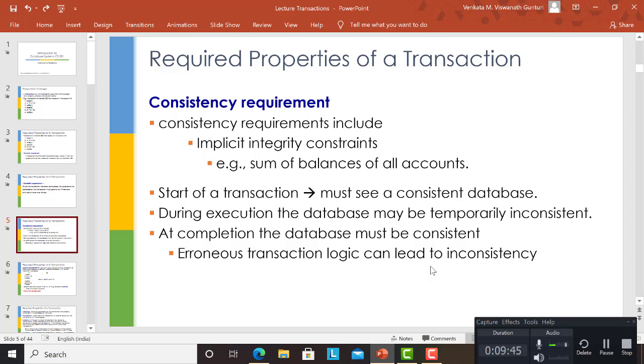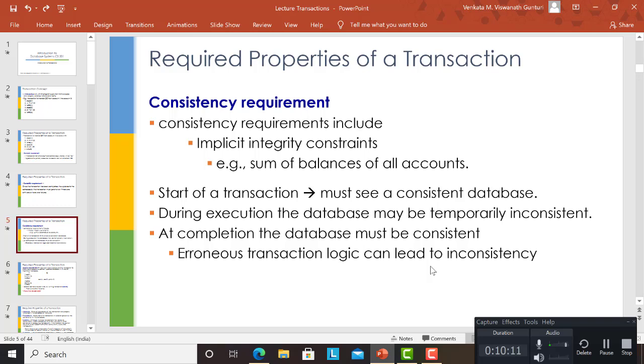This basically boils down to the fact that whatever logic you are writing in your transaction code should not do some crazy things. For example, your transaction should not take out money from an account but not deposit it anywhere, right? That leaves your database inconsistent at the end of the transaction.